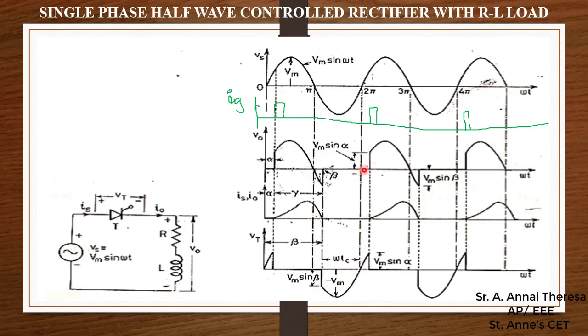Here, in this period, this is a positive cycle, so there will be a positive voltage drop. The same thing continues for the whole time period. So this is the explanation about the working of single phase half wave controlled rectifier with RL load.